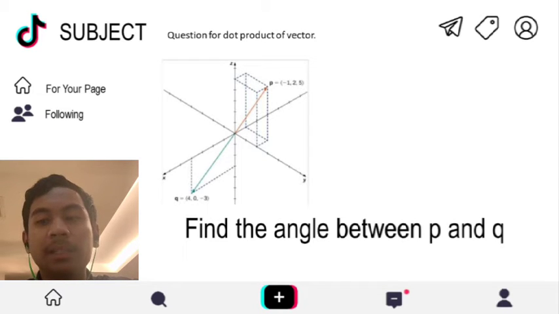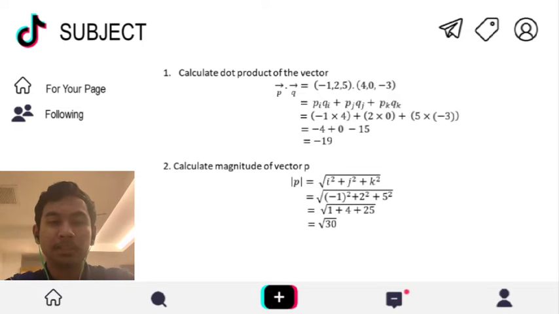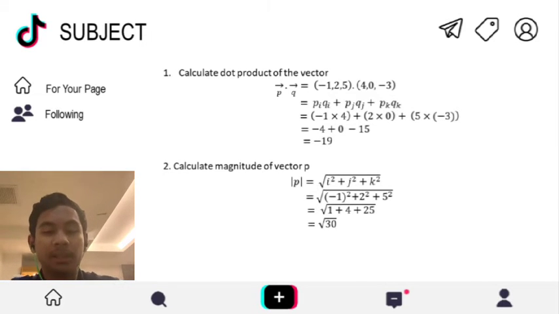The answer has 4 steps. First step is calculate dot product of the vector P dot Q. The answer is P dot Q equal Pi Qi plus Pj Qj plus Pk Qk, equal -1 times 4 plus 2 times 0 plus 5 times -3.